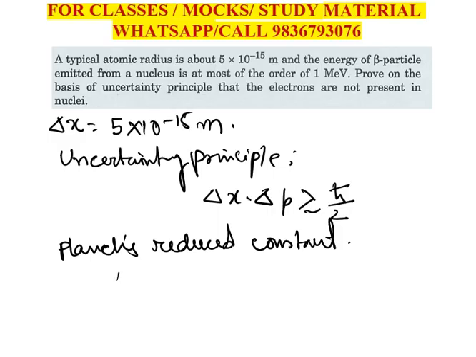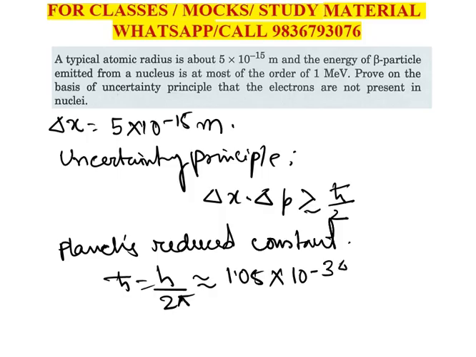We can write h by 2π as 1.05 × 10^-34 joule second. So first, we need to estimate the minimum uncertainty in the momentum.